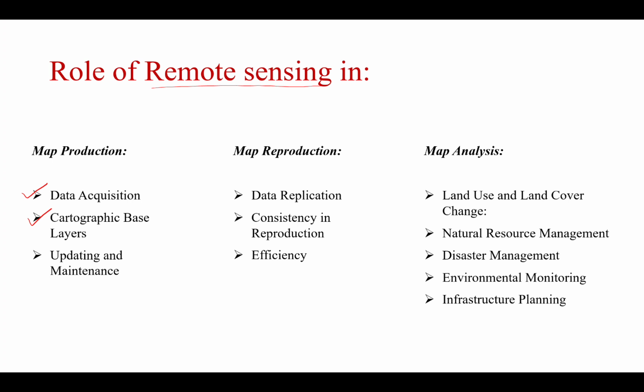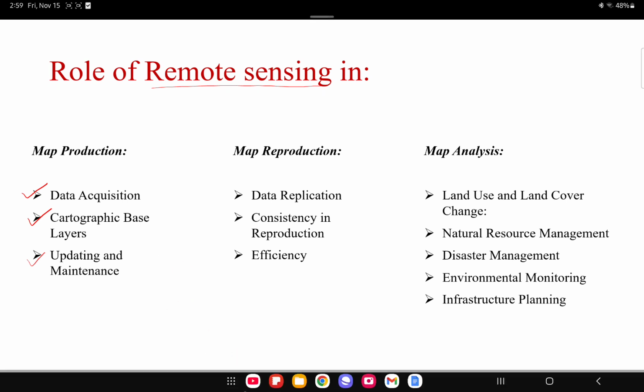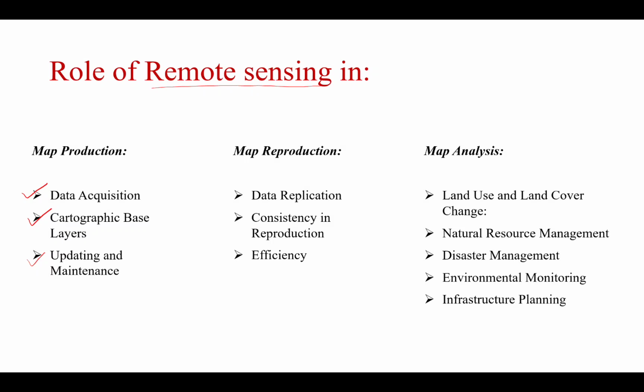Then we have the third point, updating and maintenance. Say I made a map in 2020. I can update and maintain that map. I can keep updating it every few months, every week, or even every single day.